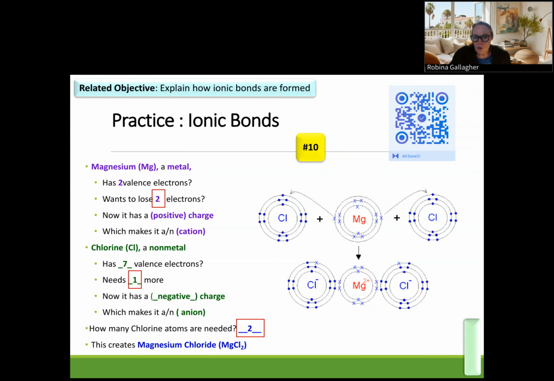It's got 1 magnesium and 2 chlorines, and they're all ionically bonded together because chlorine is negatively charged, which is attracted to the positively charged magnesium, and the positively charged magnesium is attracted to the negatively charged chlorine. Okay. So again, with question number 10, you're just going to type in the numbers. So this time you're going to type in a 2, a 1, and a 2.